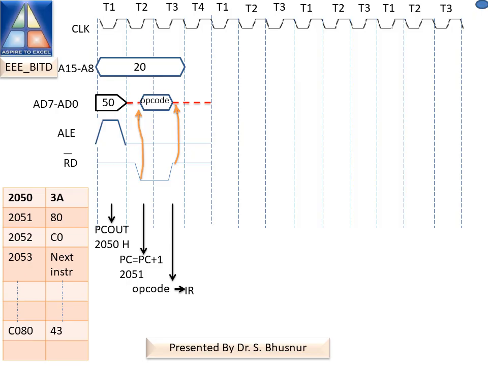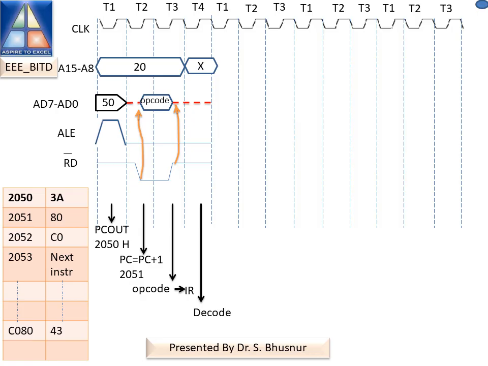Here the multiplexed address data bus is shown to be in the tri-state condition. In the fourth T state, the decode operation takes place, and what is available on A15 to A8 is undefined during this clock cycle. So at the end of the first machine cycle, the opcode has been fetched and decoded.